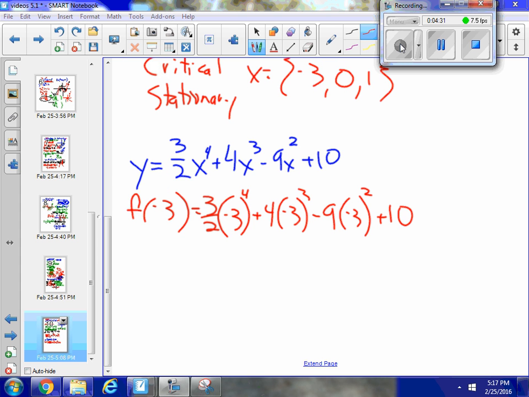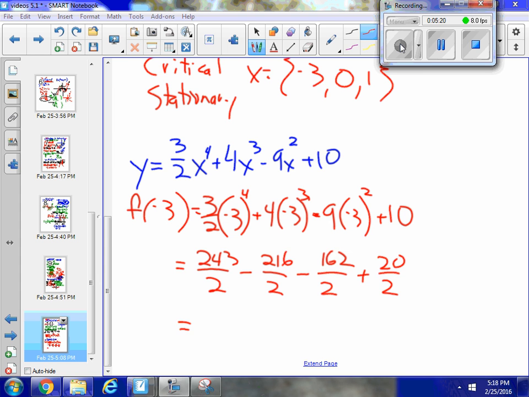That is 243 halves, positive because negative 3 to the 4th power is positive, minus 216 halves, negative because negative 3 cubed is negative times the positive 4, minus 162 halves, plus 20 halves.